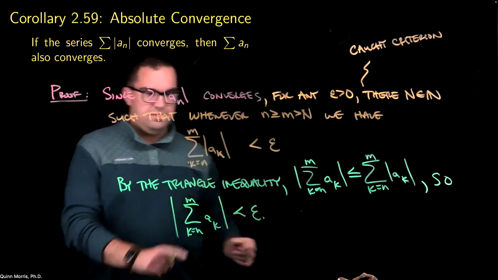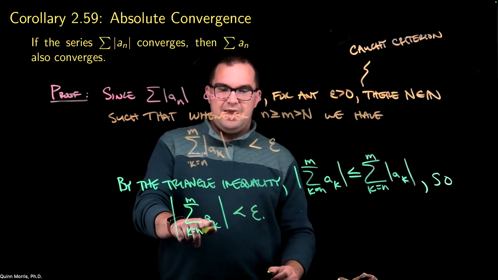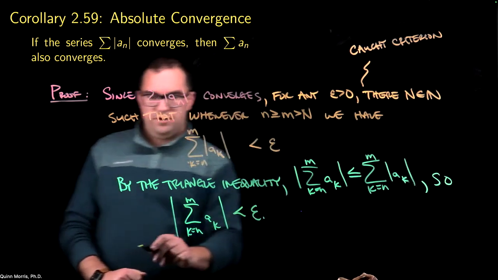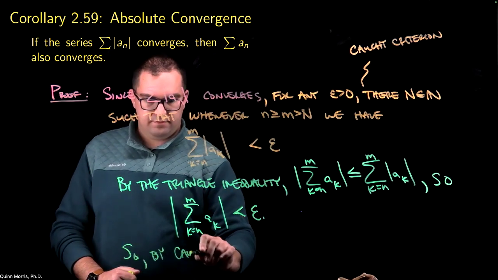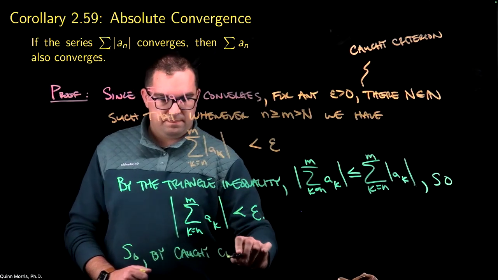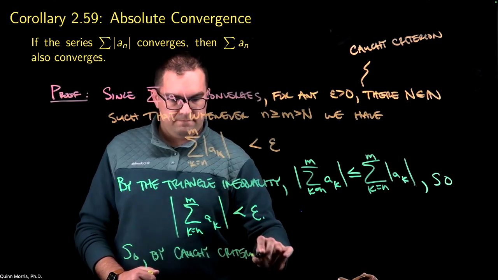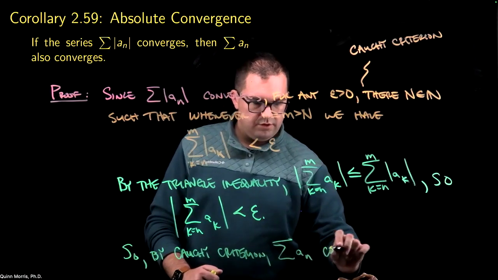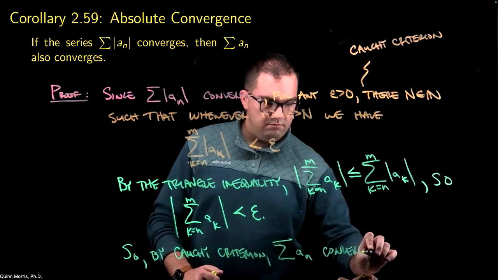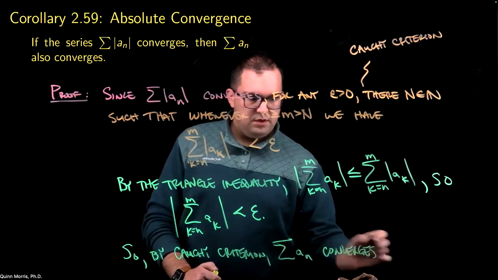But this is just saying that the series a_k satisfies the Cauchy criterion. And so by the Cauchy criterion, the sum of the a_n converges.